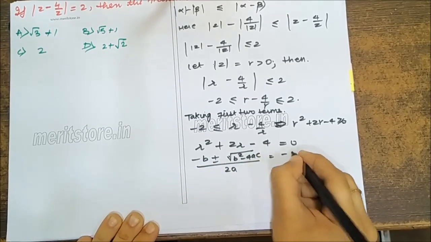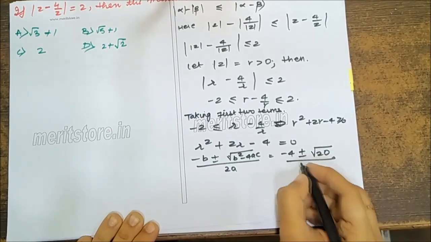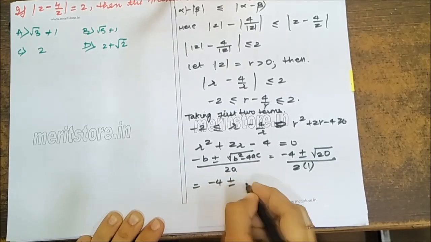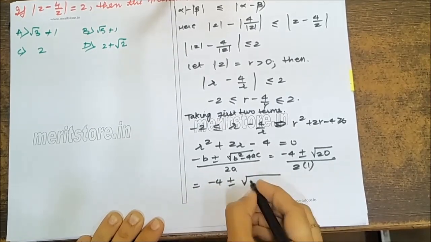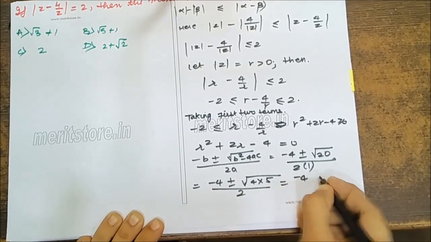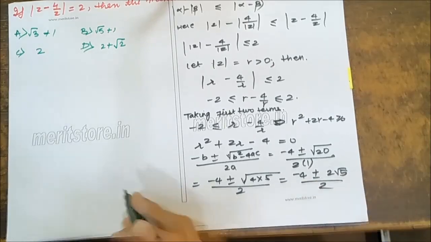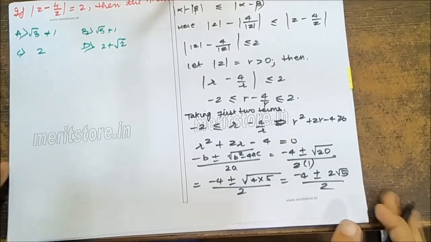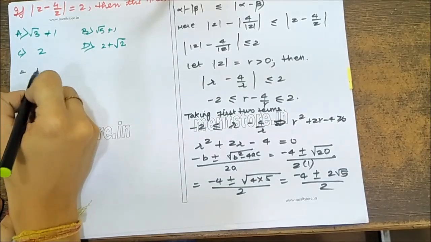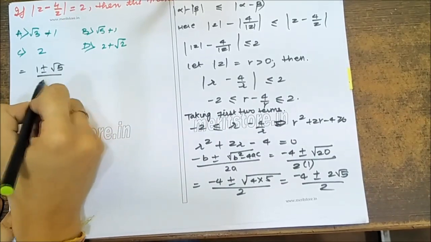So that is minus 2 plus or minus root of 4 plus 16 upon 2 into 1, that's minus 2 plus or minus root of 4 into 5 upon 2, that is minus 2 plus or minus 2 root 5 upon 2. So the roots are minus 1 plus or minus root 5.